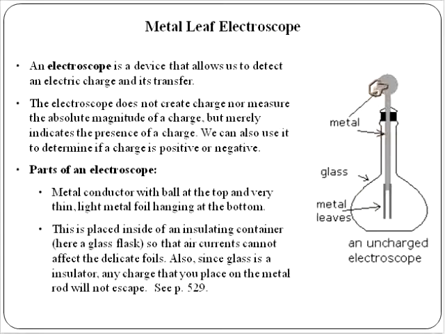Then we have a metal rod with a metal ball on top and two thin metal leaves down at the bottom. If this electroscope becomes charged, then the two leaves become like charges. They might both have a positive or both have a negative charge, and they'll repel each other. By repelling each other, they'll actually spread apart. So when they spread apart, we can detect that the object now has an electric charge.